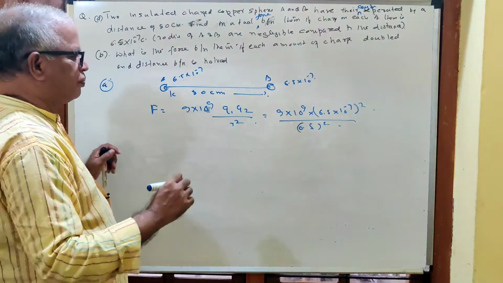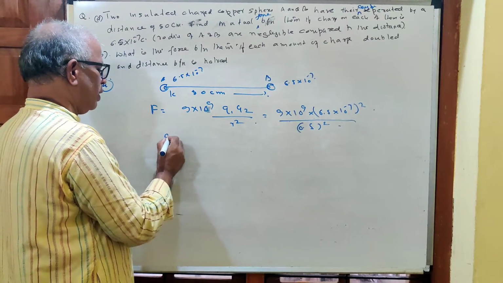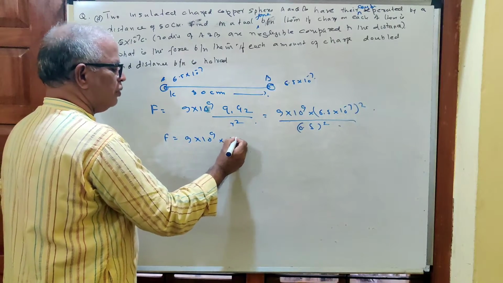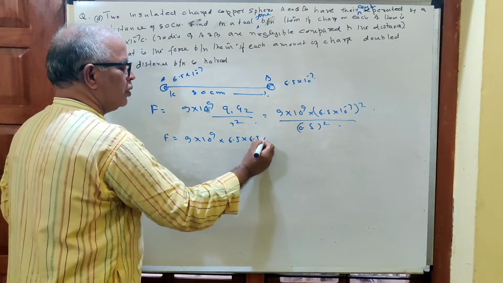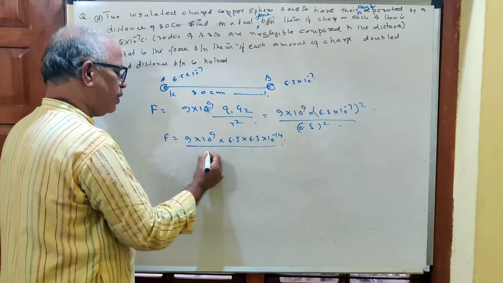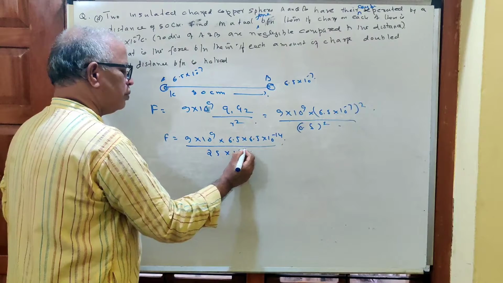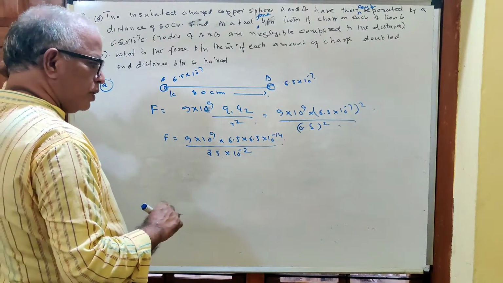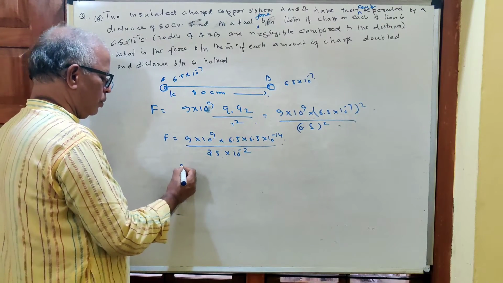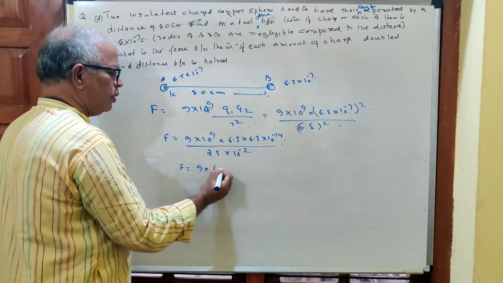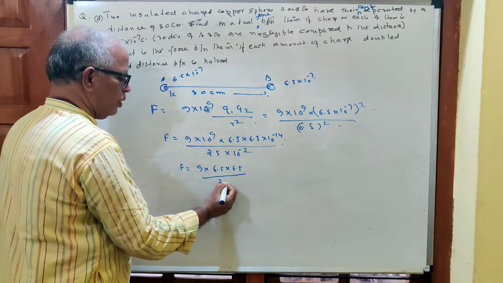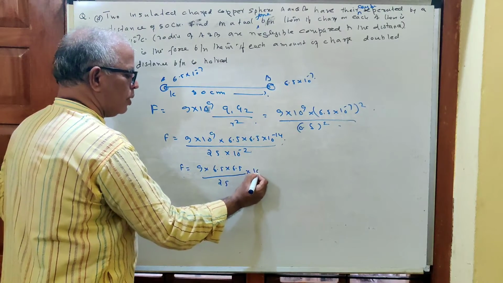So F is equal to 9 into 10 to the power 9 into 6.5 into 6.5 into 10 to the power minus 14 divided by 25 into 10 to the power minus 2. Simplifying, what you get is 9 into 6.5 into 6.5 by 25 into 10 to the power minus 12.